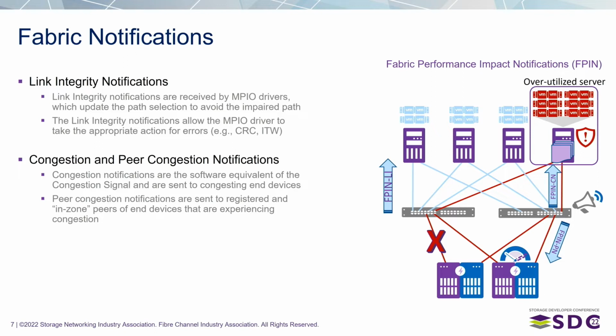Simultaneously, we can send another notification to its peers to say, you know what, if you're going to send I/O to this device, please note it's congested. Now, this is just information that can be provided to the end devices, and the end devices can decide exactly how they want to address that particular issue.